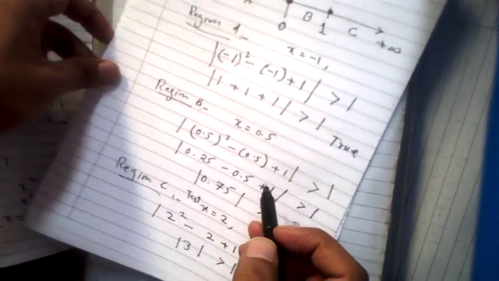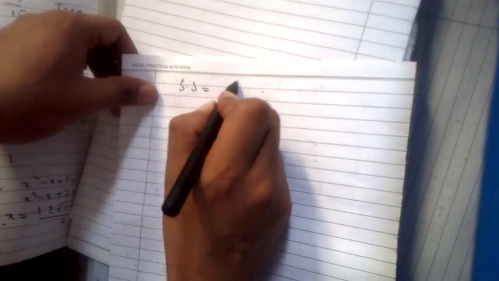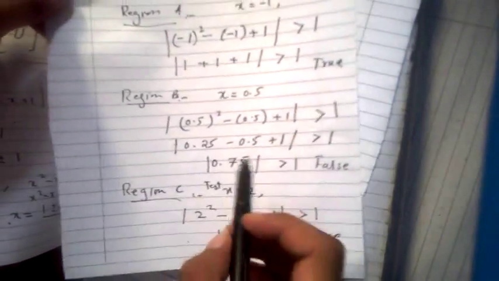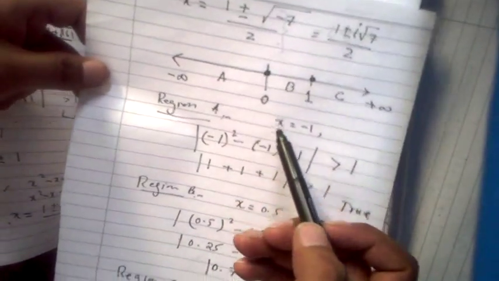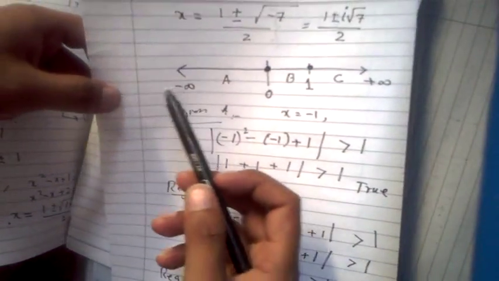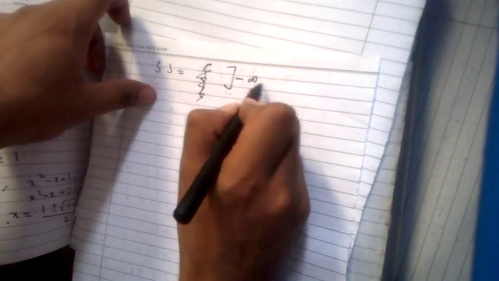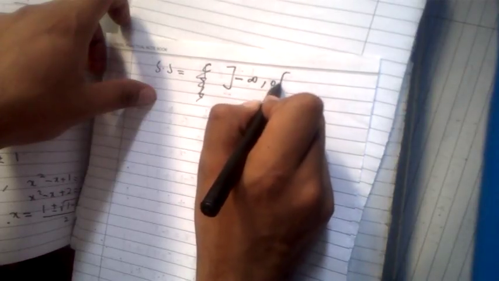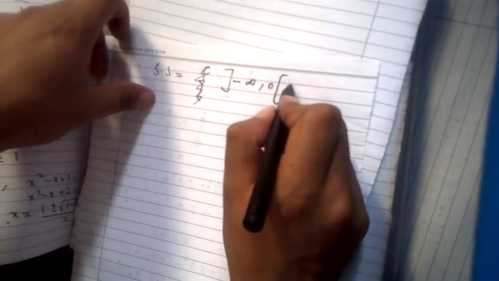Therefore the answer is the solution set: the first region A, minus infinity to 0, and 0 is boundary, therefore it is not included.